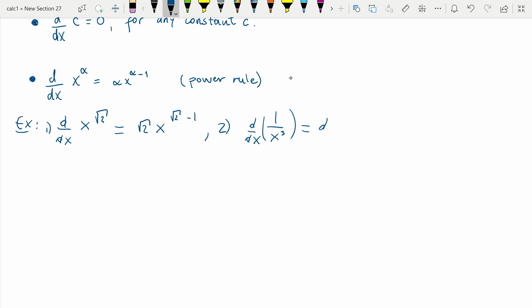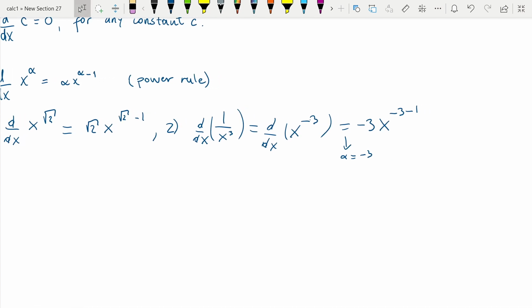First, we write what's inside the parenthesis as x to some power. Since we're writing 1 over x cubed, we must write x to the minus 3. But once we do that, we already found that alpha is minus 3, so we apply the rule blindly, which tells us that this is going to be equal to alpha, which is minus 3, times x to the minus 3 minus 1.